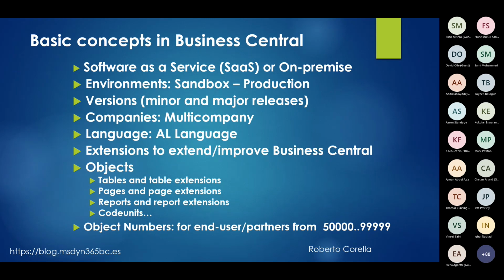Microsoft reserved some of the numbers, some of the IDs, for himself, and for the end user. If you are a Business Central user and you want to create your extension, you must use these IDs, from 50,000 to 99,999.